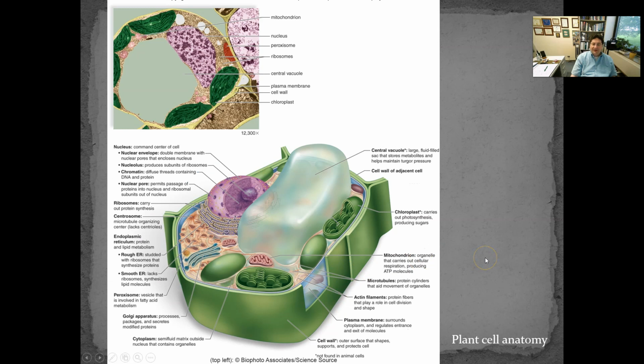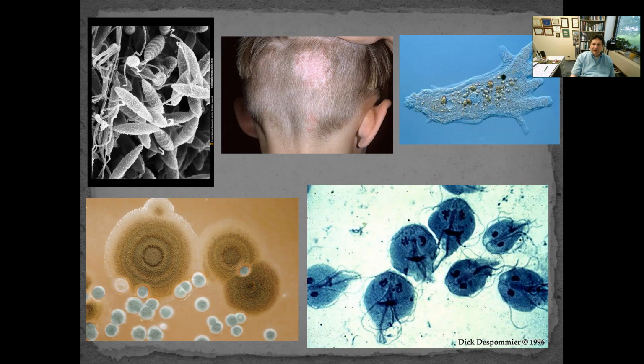And a plant cell for comparison, again, lots of organelles in here, a nucleus, lots of internal structure, which again was lacking in the prokaryotes we saw in the last chapter. Here are some other examples of eukaryotic cells or infections that can be caused by eukaryotes. Should be mostly fungal infections.